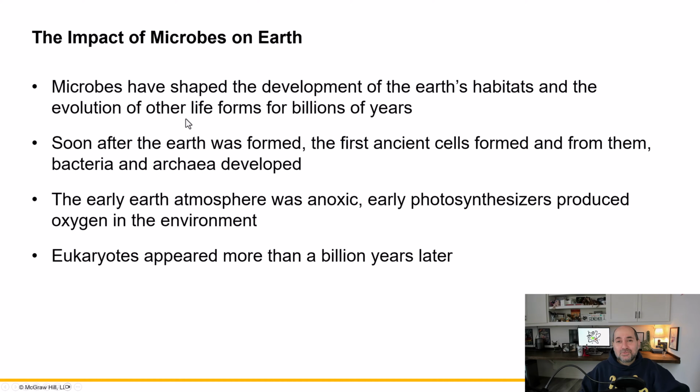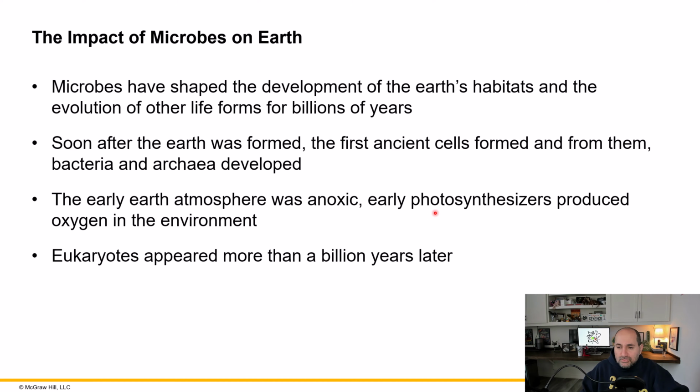Now, these microorganisms, namely the prokaryotes, were the first to form on the planet billions of years ago. And it took more than 1 billion years for eukaryotic cells to appear. Now, what was interesting was the Earth's atmosphere was originally anoxic. This means that there was no oxygen in the atmosphere on Earth.